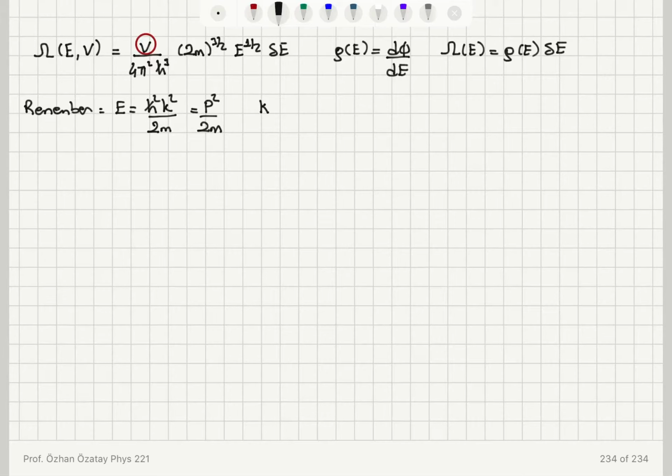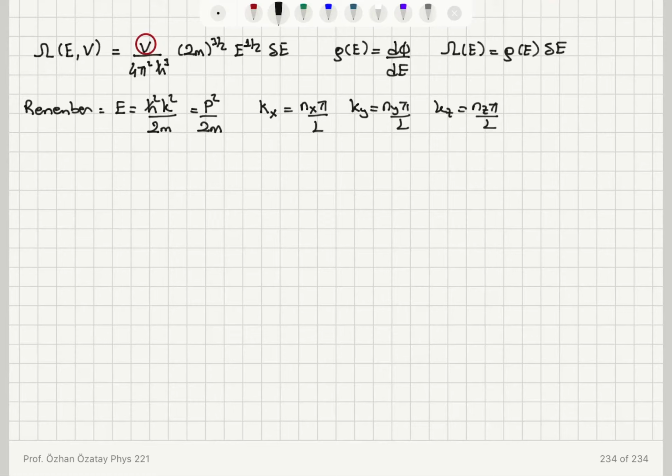So kx is, for example, nx pi over L for a cubic box that has the same dimensions. Ky is ny pi over L. kz is nz pi over L.